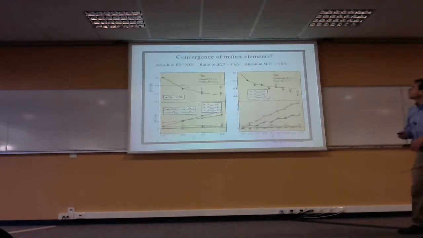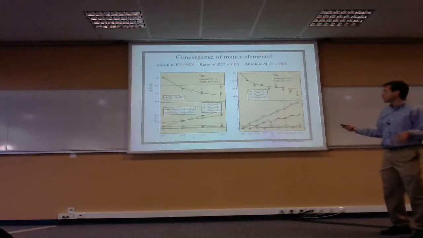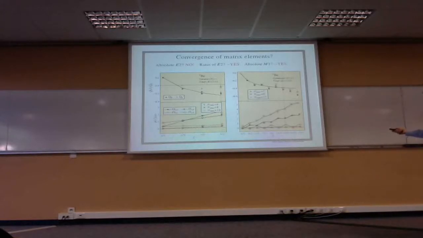All right, what about the matrix elements? So absolute E2s are not converged. Let's not even show that again. I think we convinced ourselves of that. But these relative E2s, so when we normalize the first quadrupole moment, you can look at, if you do Nmax 6, 8, or 10, how that changes. Well, a normalization point, of course, stays fixed.